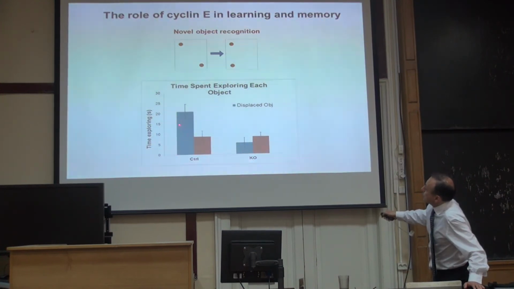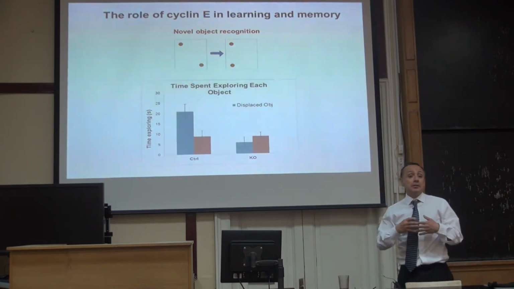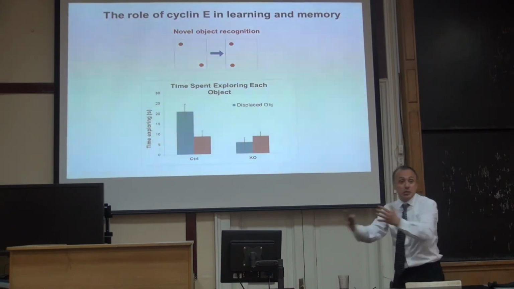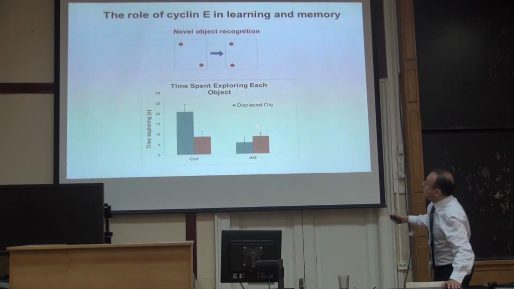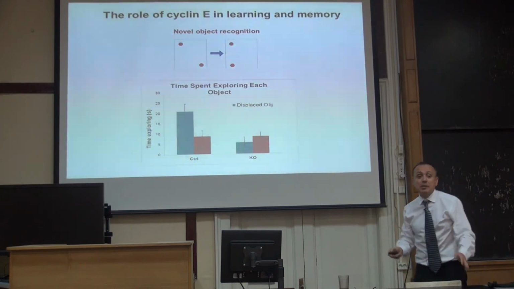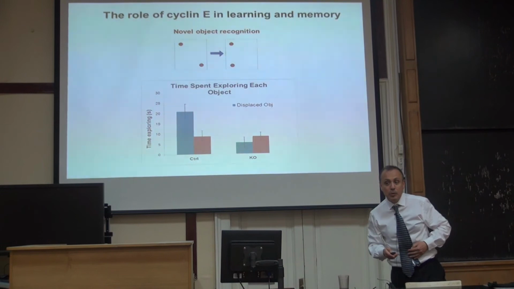So a control mouse, as you see here, will spend less time with the old object and more time with the displaced object, because this is something new. So the mouse remembers that this thing was in a different place, and now the mouse is exploring this one. But in the knockout mouse, so this is the brain-specific knockout, they spend exactly the same time with the old versus the new one, because they don't remember where it was.